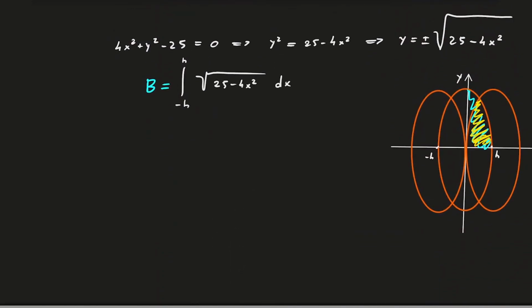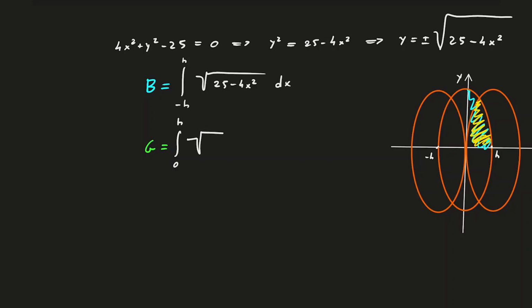So our green area equals the integral from 0 to h of the square root of 25 minus 4x squared dx minus this yellow area, and we can even write this yellow area as 2 times half of the yellow area.